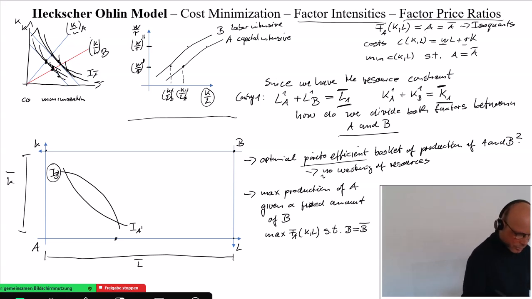Then I should also write here better not B bar but this B prime.